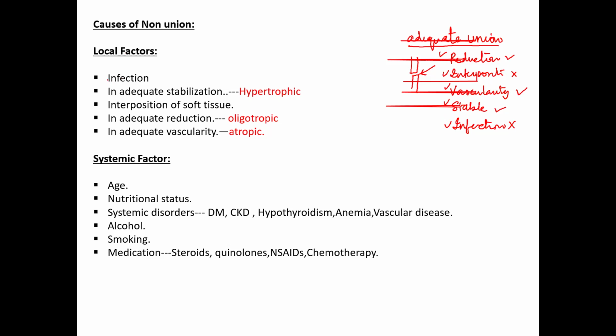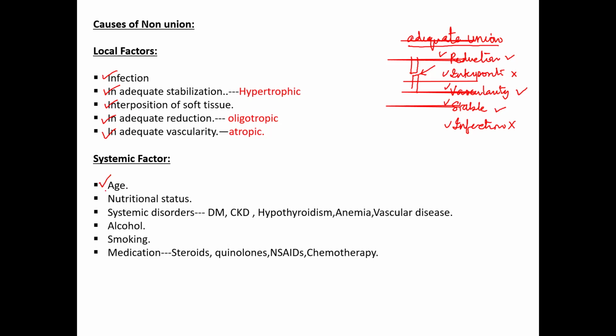So it goes by 5 I's. One is infection. Second is inadequate stabilization. Third is interposition of soft tissue, then inadequate reduction, inadequate vascularity. All these conditions are not adequate for fracture union. So these are the local factors.